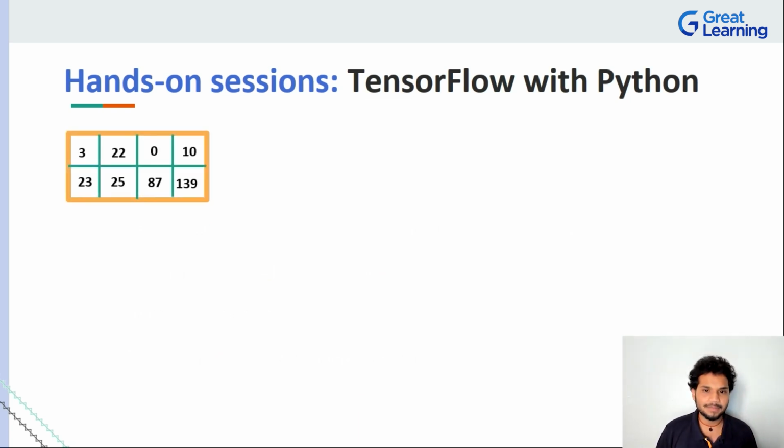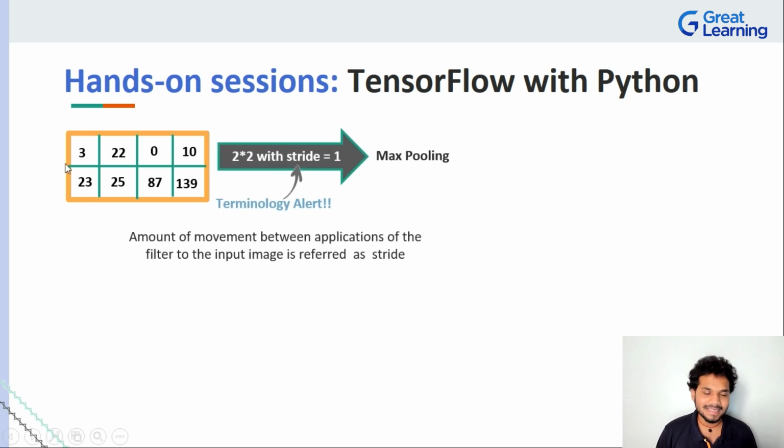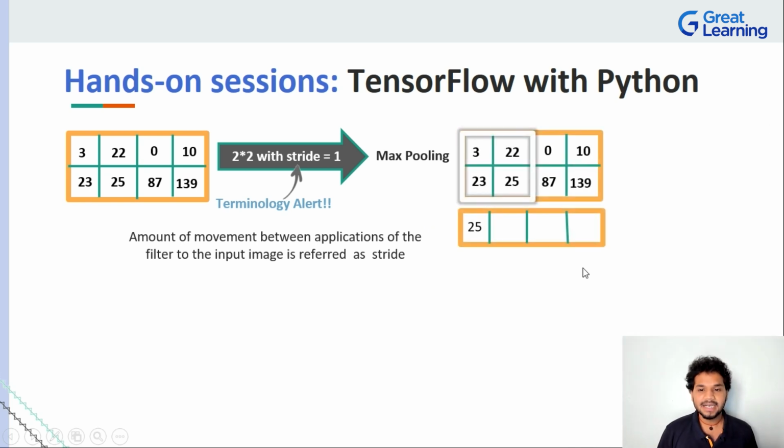Well, let's just have an example on the screen right now. If this is our input and we want to run a 2x2 filter on it, how do we basically multiply? Here is the answer. When we say stride is equal to 1, you already know this 2x2 filter. All I am trying to say is, just move the filter by one element, and you can see these 4 items that are highlighted here.